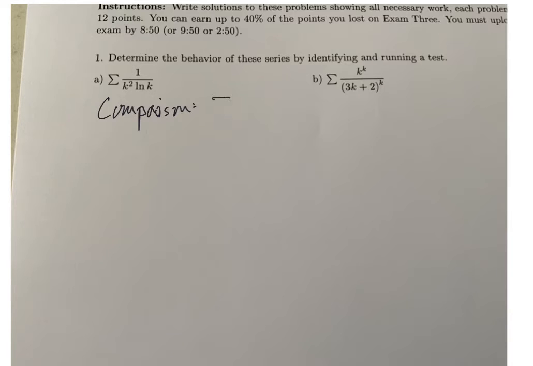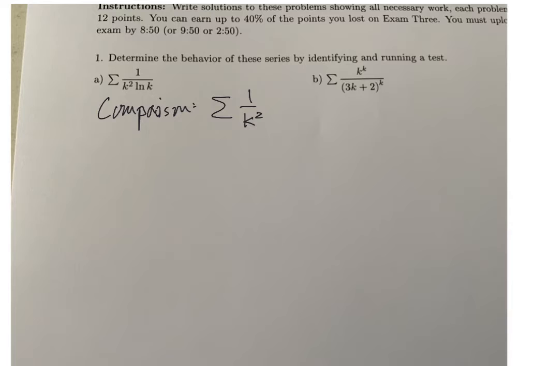And I'm going to compare it to the p-series, 1 over k squared, which we know converges because p is 2, bigger than 1. And so what I'm going to prove is that the terms of this series, 1 over k squared ln k, are smaller term by term than the terms of this series.